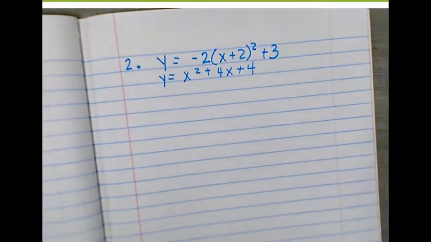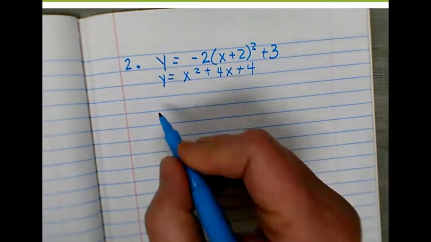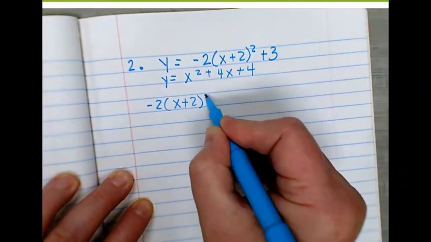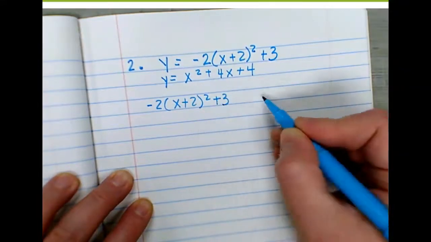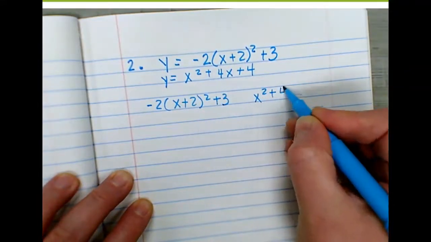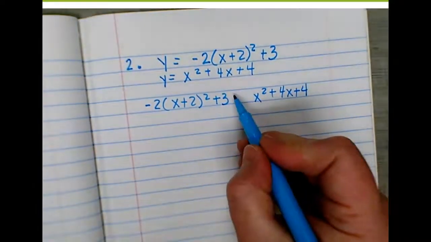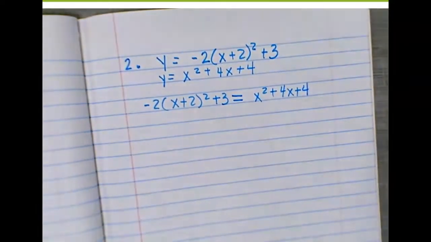That one is in standard form. So if they're equal to y, this is equal to y, and this is equal to y, then they have to be equal to each other.